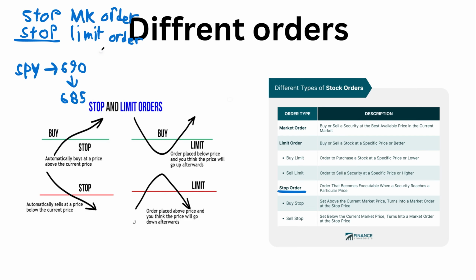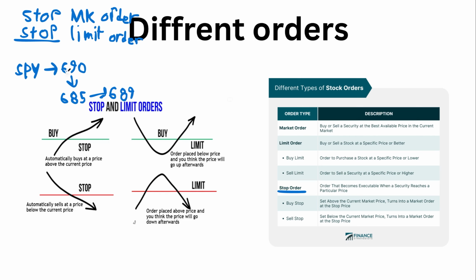Now, a limit order, you could use it in a very interesting way, where you can almost make an entire strategy from it. Say SPY is at 690 and you believe it's going to drop all the way to 685. Say this is below a trend, and you want to set a limit order to buy at 689 or something, because now it's back into your area.